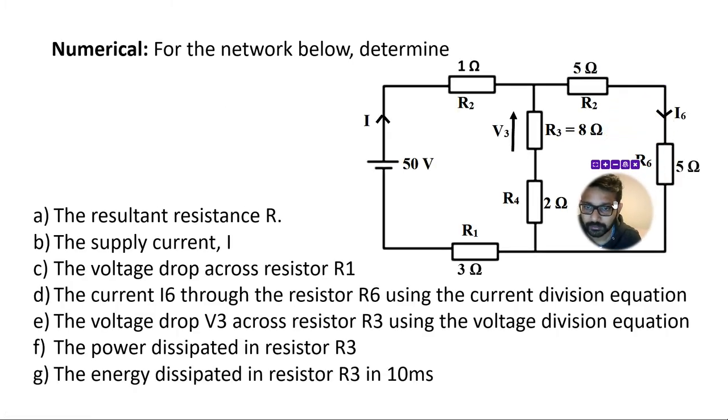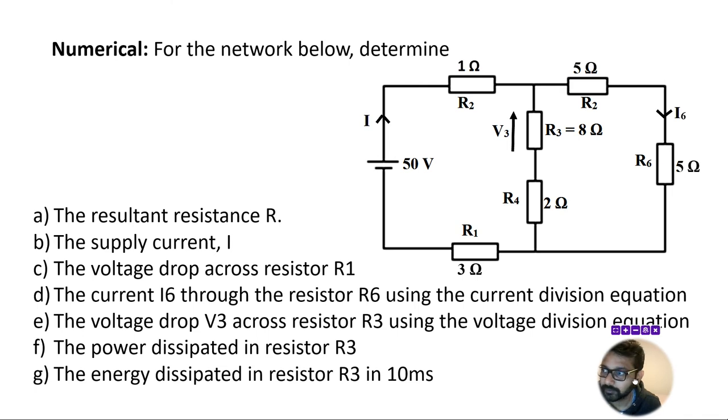Now, the question says that for the following network, we have to determine the resultant resistance, the supply current, the voltage drop across R1, and a few other parameters. We are going to take one part at a time.